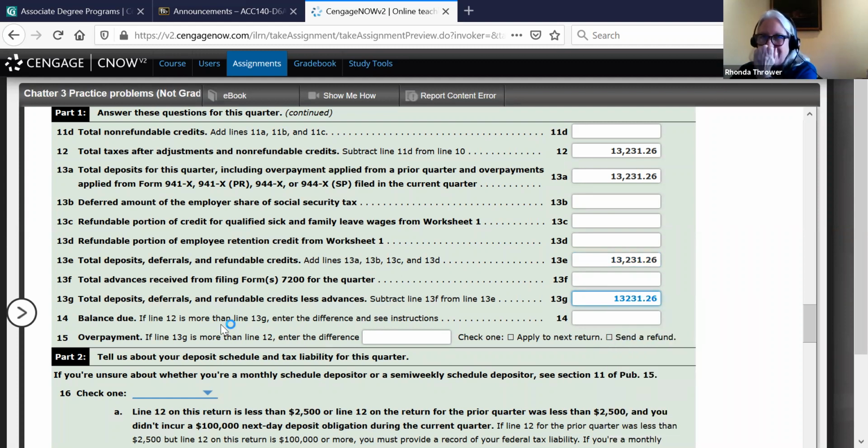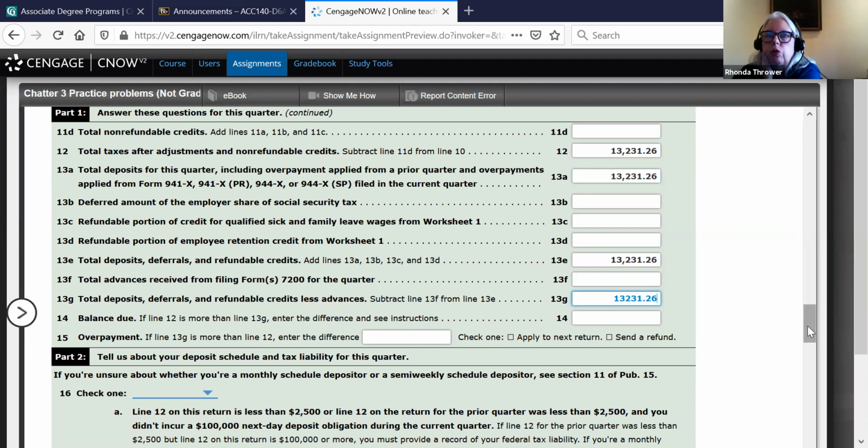And then if line 12 is more than 13G, which is not, it's the same, you put the difference here. There's no balance that is going to be due here. If line 13G is more than line 12, which again it's not, it's equal, you put the difference there and then decide how you wanted it to be returned to you.